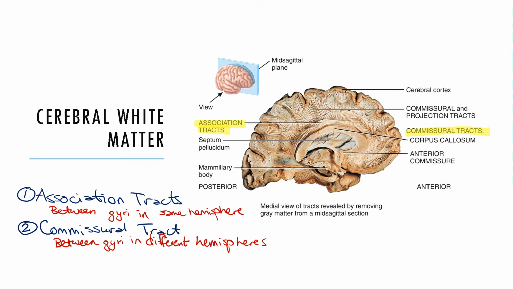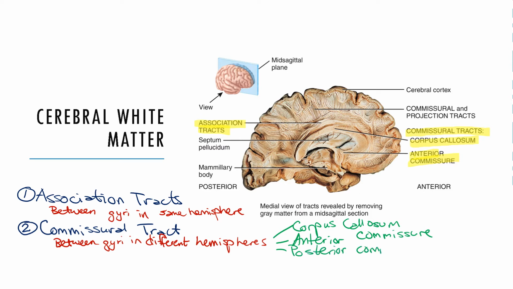And so 3 important groups of commissural tracts are going to be the corpus callosum, this is the largest fiber bundle in the brain here. The next is the anterior commissure. And then our last one is the posterior commissure.